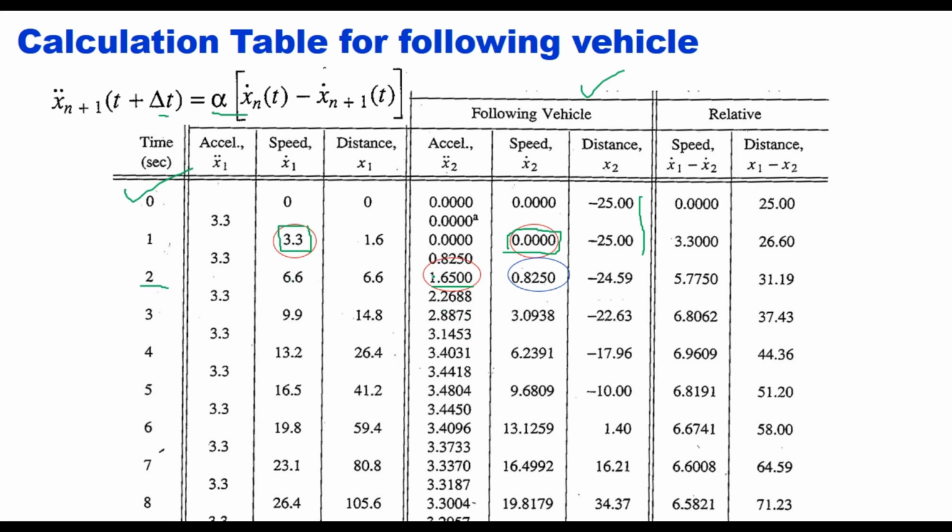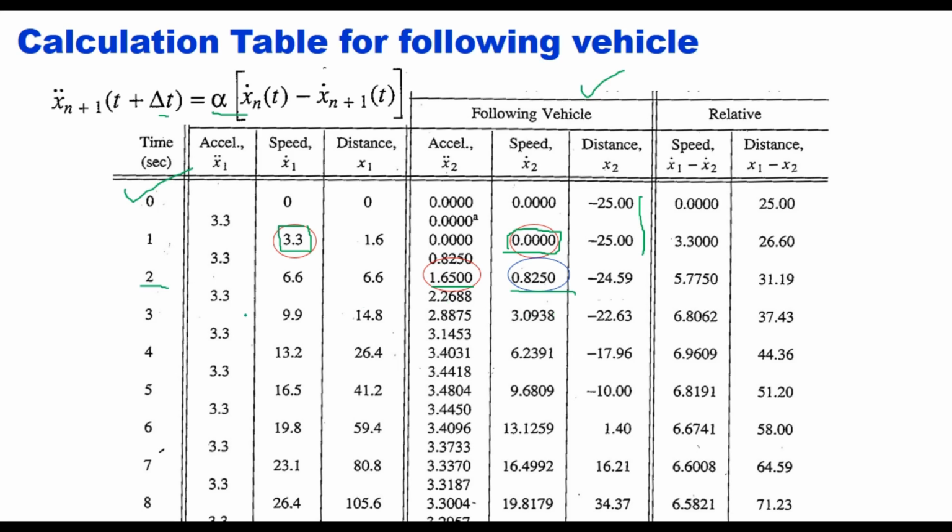And if you want to calculate the speed, it will be 0.825 using the equation v equals u plus at. U is 0, a is the average of these two values, that is 0 plus 1.65 divided by 2, into t. T is 1 second, and therefore this will be 0.825 feet per second. And similarly, you can find out the distance also.